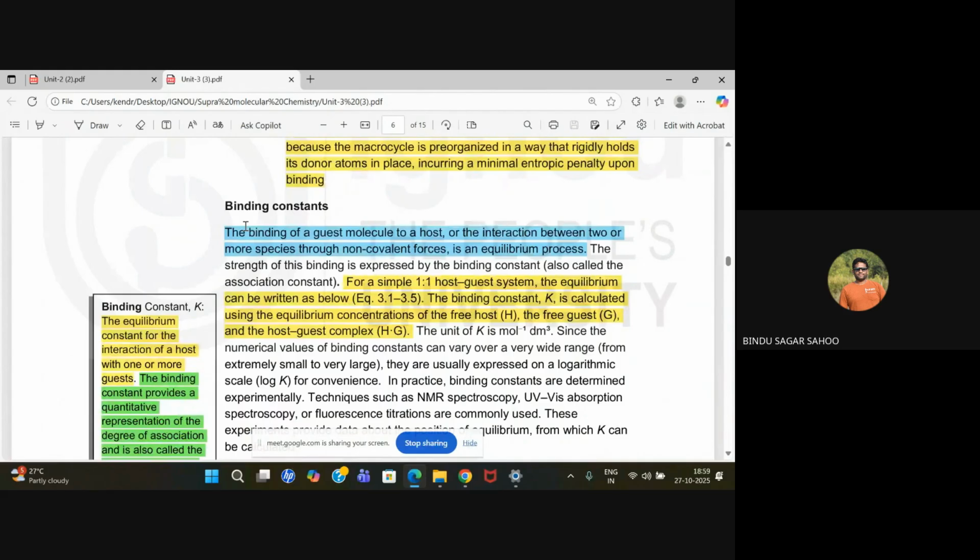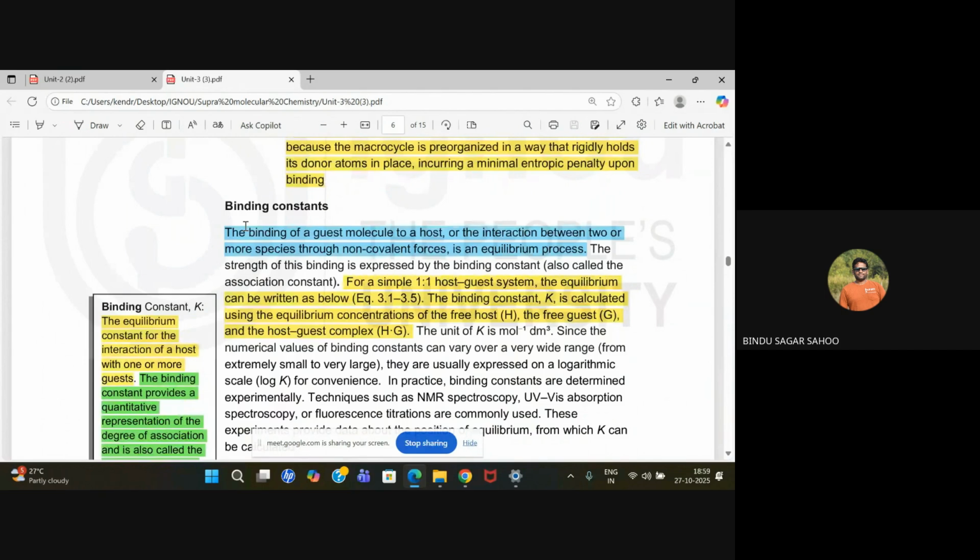So the binding constant K is calculated using the equilibrium constant of the host, the guest, and the host-guest system. The unit of the binding constant will be inverse molar. It is sometimes expressed in logarithm also.